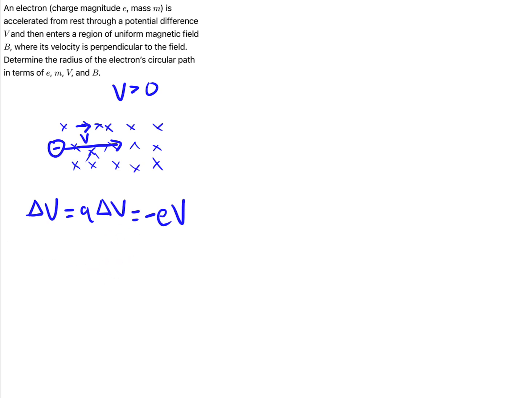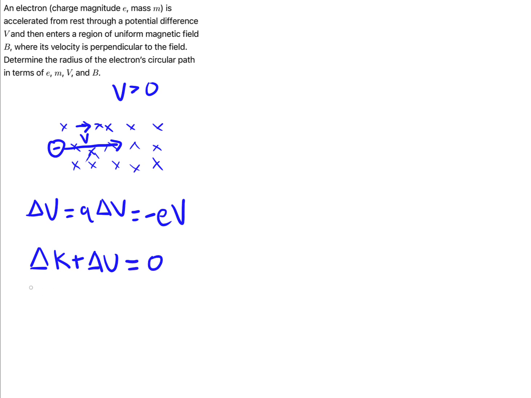Now that we have the change in potential energy, note that it is negative, so the electron is losing electric potential energy. Since there are no non-conservative forces here, we can use conservation of mechanical energy, which says that the change in kinetic energy plus the change in potential energy is 0.